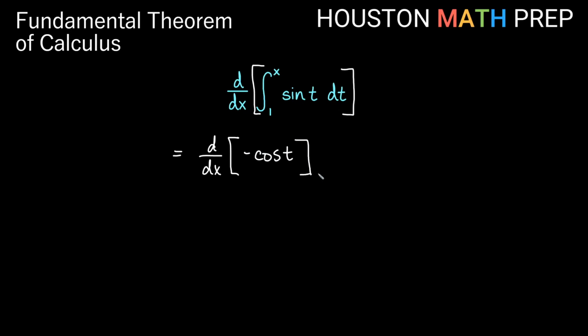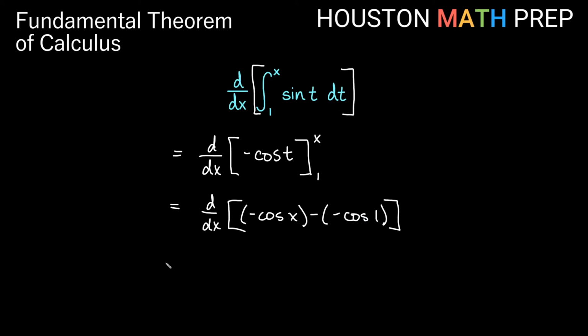And we would evaluate from 1 to x, so we need to plug in x, and then we subtract what we get when we plug in 1, right? So that would give us the derivative with respect to x of, if I plug in x for t, I would get negative cosine of x, minus, if I plug in 1, I would get negative cosine of 1.